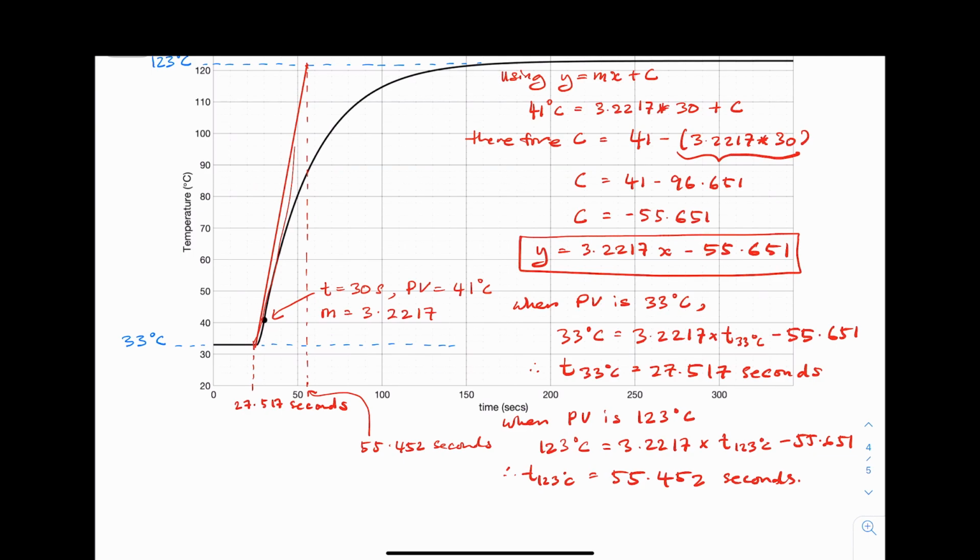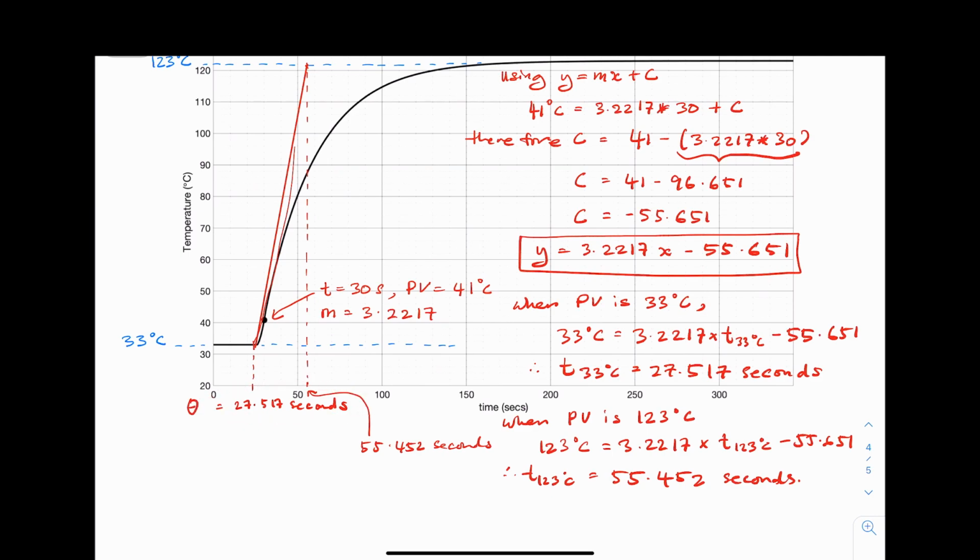But the more important thing is we're going to calculate the time constant and time delay, whereby these two parameters will be used to determine the proportional gain, integral gain, and derivative gain for our controller. Time delay is straightforward. Time delay, theta, is given by 27.517 seconds.